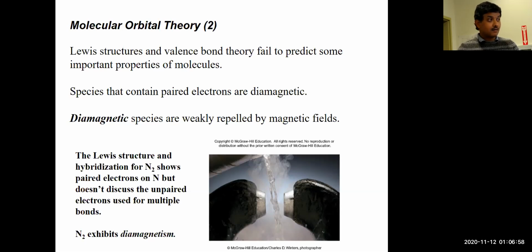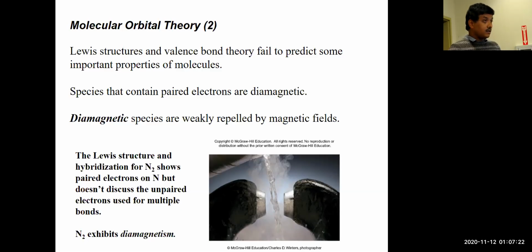But according to studies, according to the nature of nitrogen, nitrogen is actually diamagnetic. But hybridization is leading us to believe that nitrogen is paramagnetic because it is showing single electrons on the atomic orbitals in the nitrogens. So there is some inconclusive evidence about the magnetism.